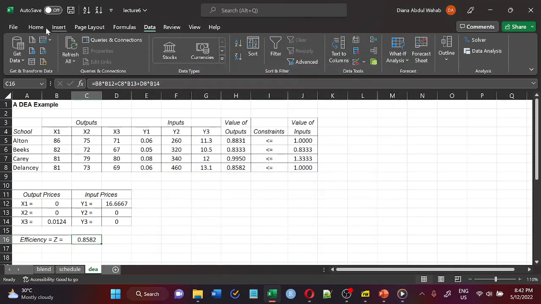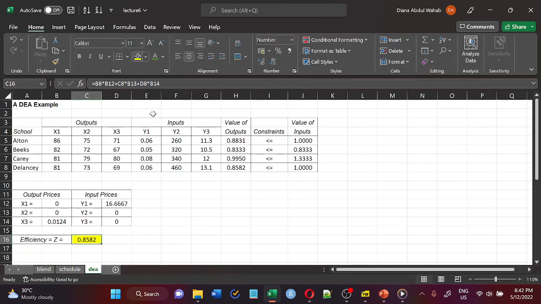The maximum number that you can get from the efficiency is 1. If the value that you get is 1, that means that Delancey is efficient. Delancey is an efficient school compared to all the other schools, because we believe that Delancey having higher prices or a higher amount of inputs, we would expect that the outputs will also be higher.